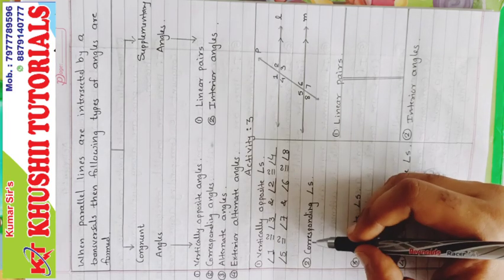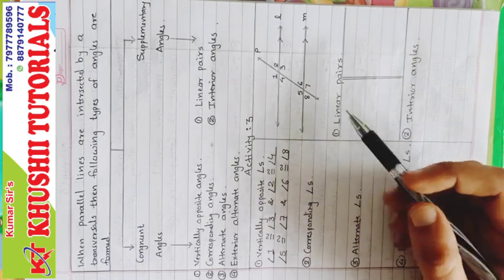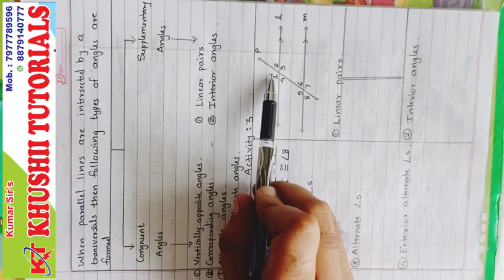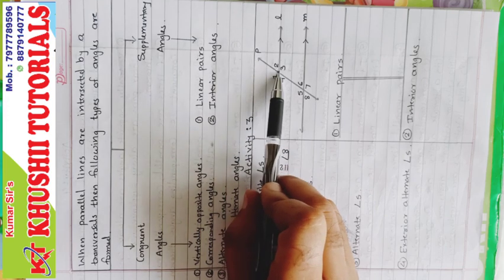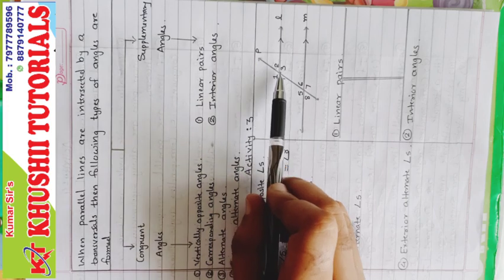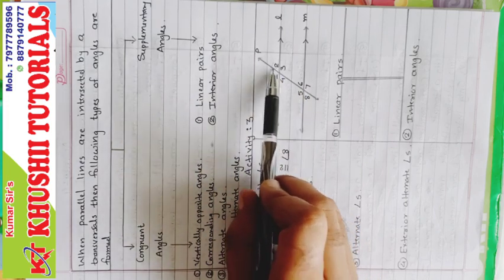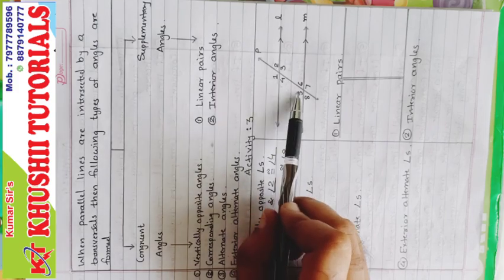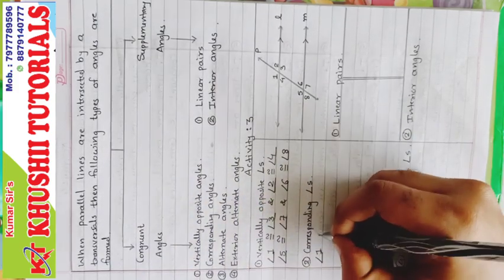Let's continue. Corresponding angles. Corresponding angle means same shaped angle. Now which angle is the shape of angle 1? See, angle 1 is coming down and going towards the left. Down and left. So the same other angle, down and left, is 5. So angle 1 and angle 5 are corresponding angles.